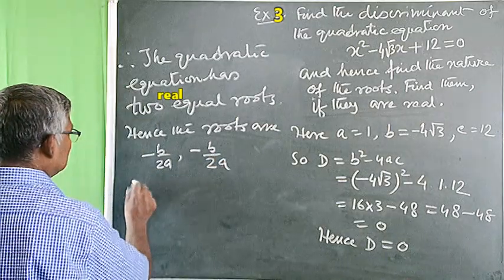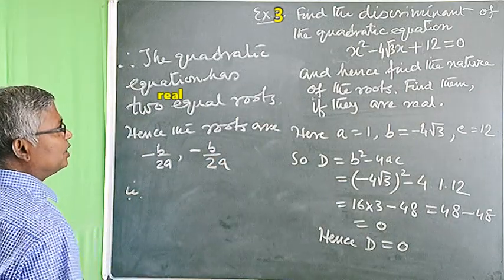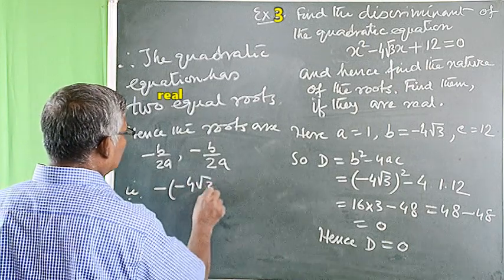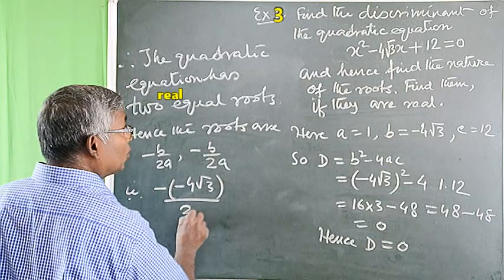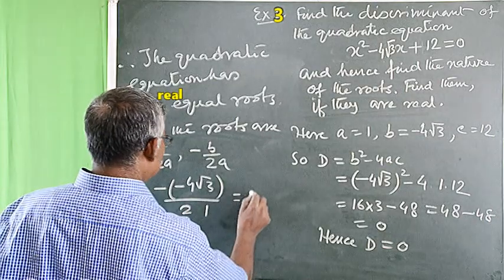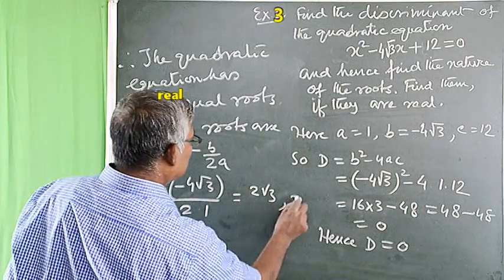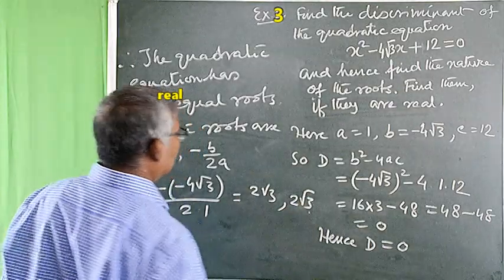That is, what is the value of minus b? That is minus of minus 4 root 3 by 2 into 1 equals 2 root 3, and the second root also 2 root 3.